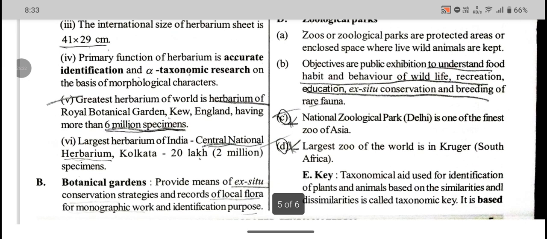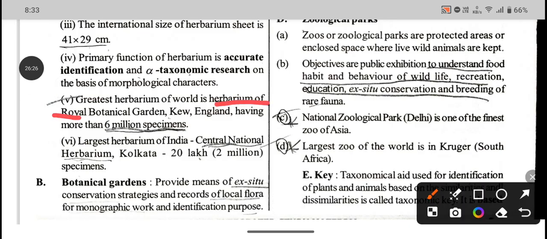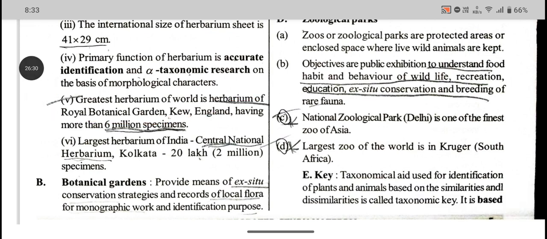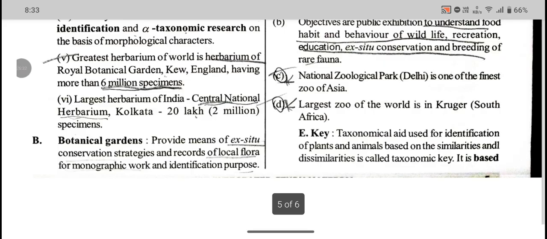The greatest herbarium of the world is the Herbarium of the Royal Botanical Garden in Kew, England, having more than 6 million specimens. And the largest herbarium of India is the Central National Herbarium in Kolkata, having 20 lakh specimens.